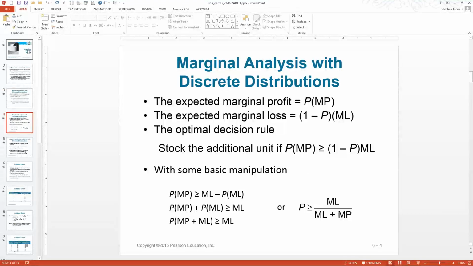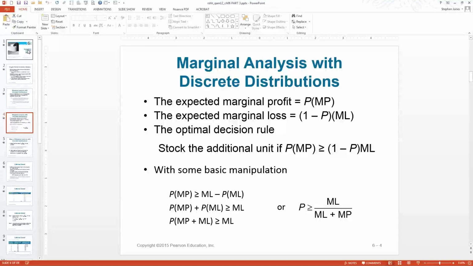What's the chance of a marginal profit? What is the chance of a marginal loss? And what's the cost or profit that's associated with each one, and the probability that goes with them. So if your expected marginal profit is MP, the marginal profit, it has a probability P. You have another probability, which is 1 minus P, that is the opposite to that.